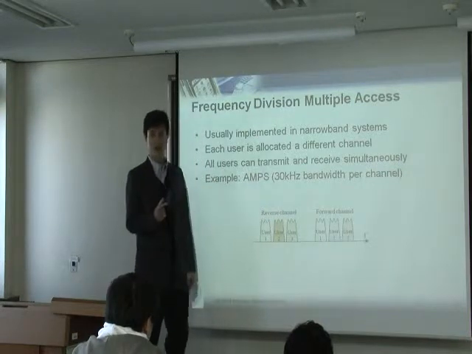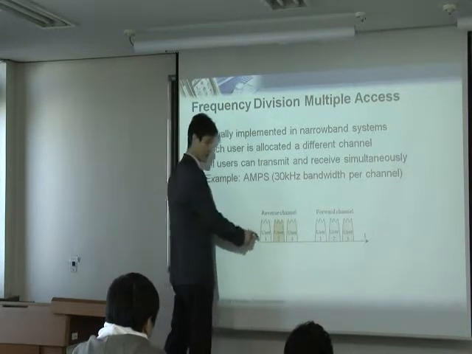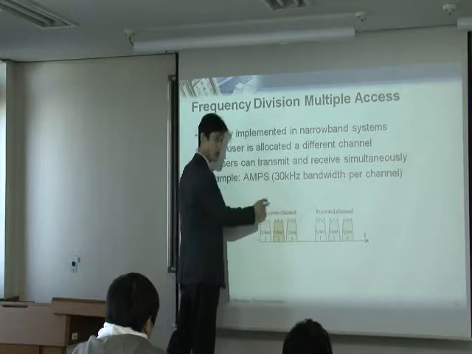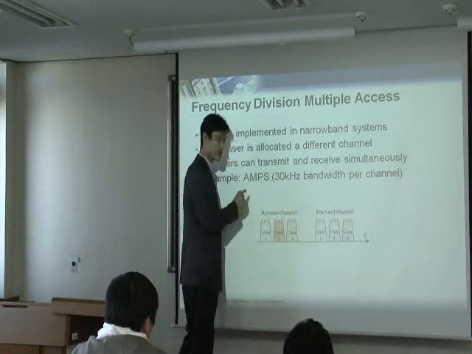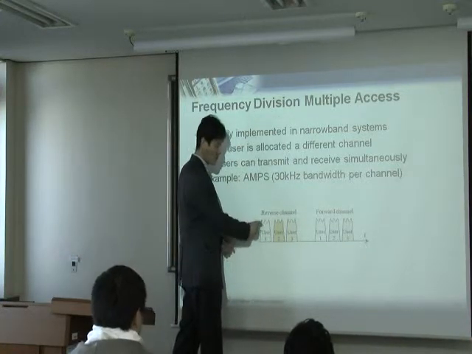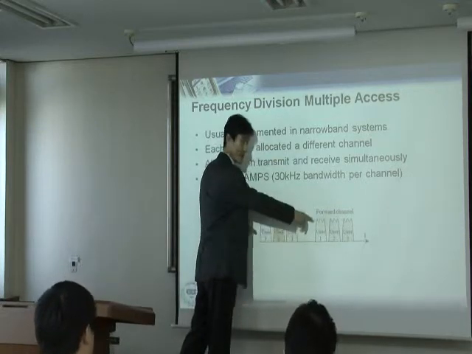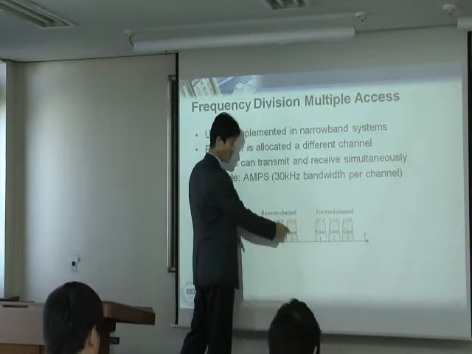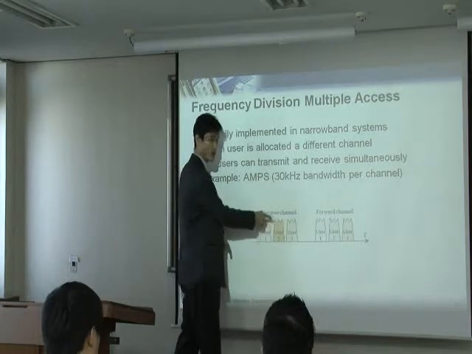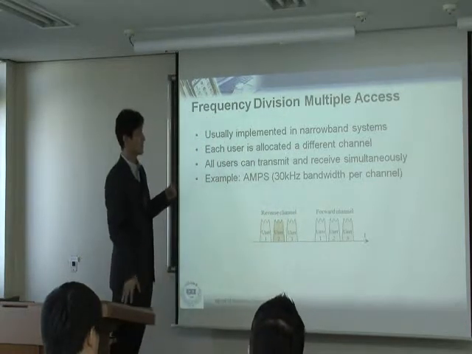So that's narrowband. If you deliver only the voice, that's going to be narrowband. So each user is narrowband. This example shows you FDD as a duplexing scheme, and each user is separated by frequency, and each one is narrowband. Okay? So that's the FDMA.